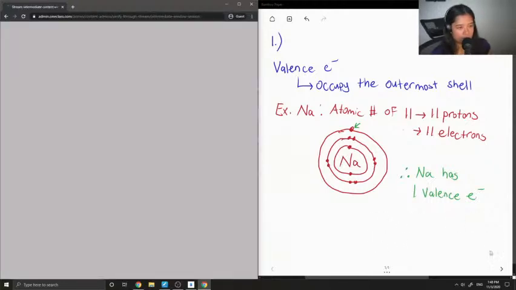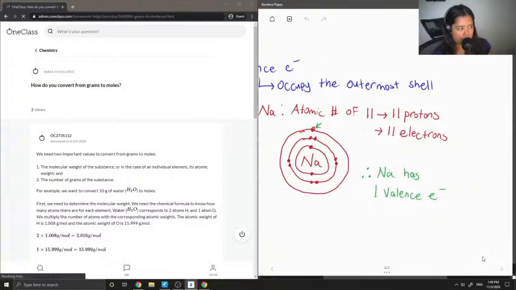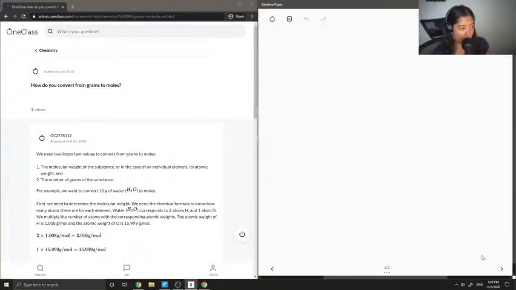Okay, so now we are moving on to question number 2. It's just a simple, how do you convert grams to moles? So grams is a unit of mass. And moles, it's just mole.